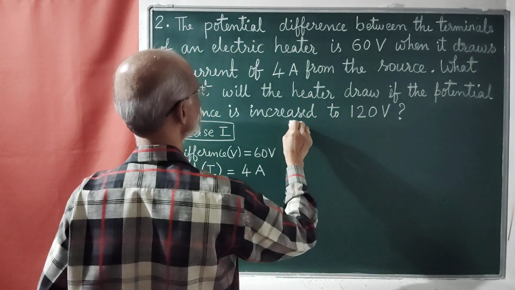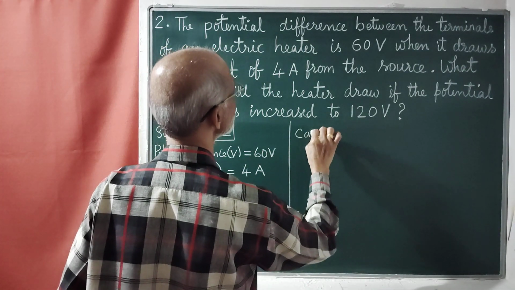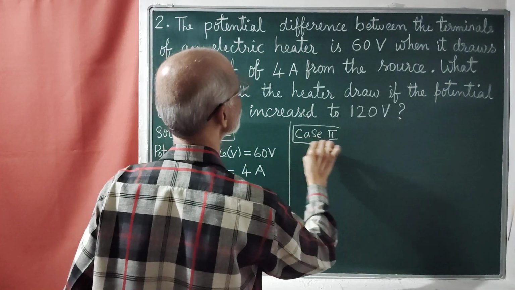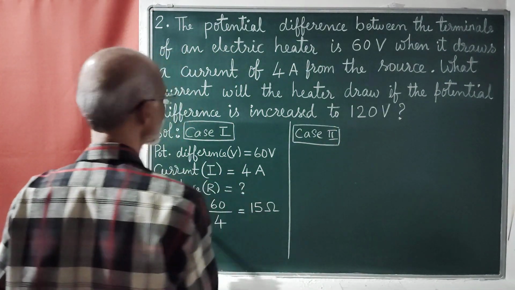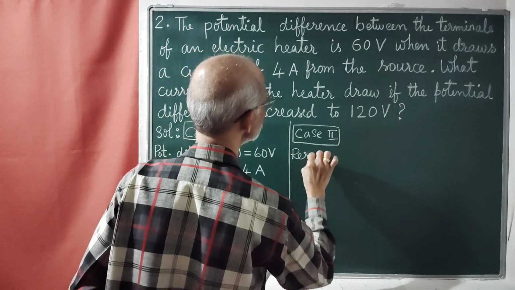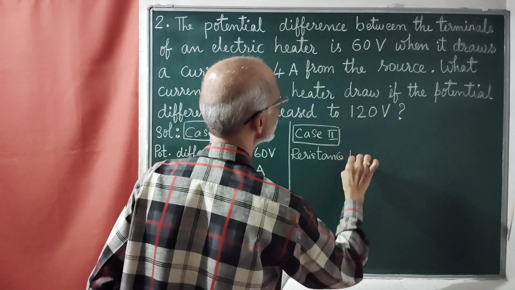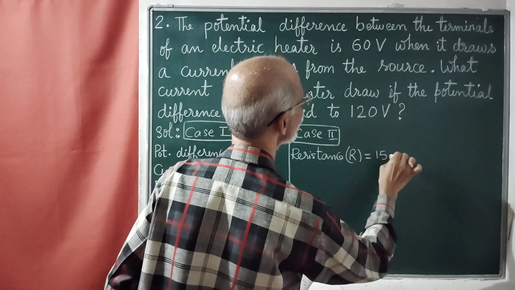Now come to case 2. Here the value of R is the same. The resistance R is equal to 15 ohms.